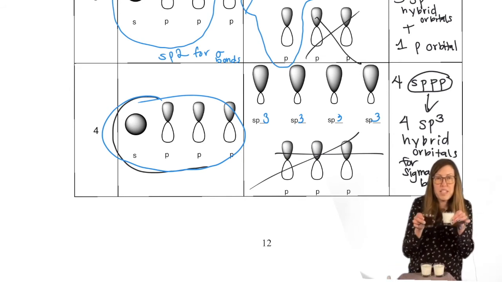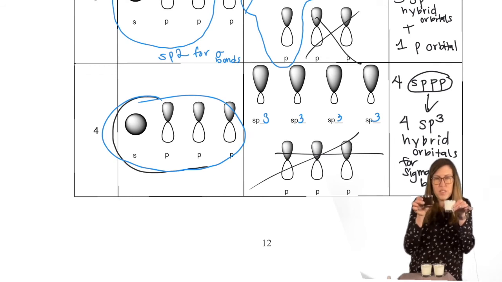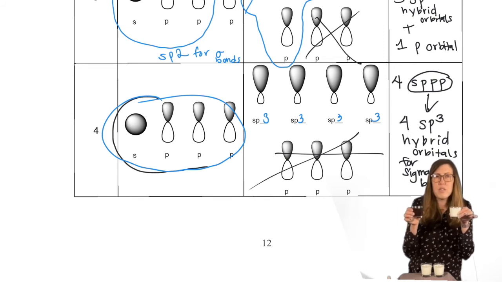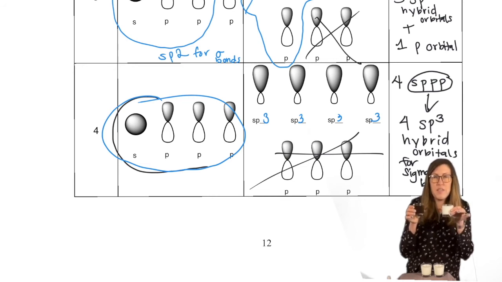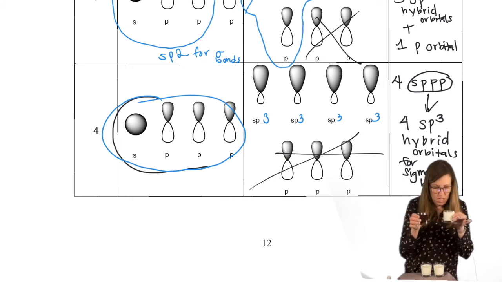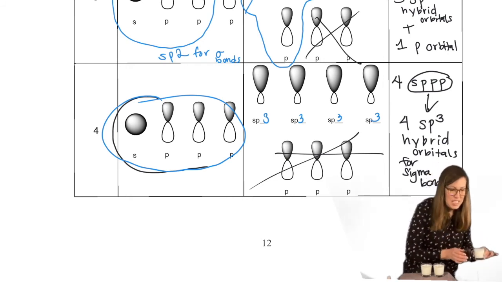We can dump this in a blender and mix it up. Now notice the volume. This is full, this is full. So I don't have any other glasses available. That's why I said I don't get a giant orbital. These orbitals are the same size. So because these are full and they're the same size, when I mix it, I redistribute it again and I have a mixed result. So I go and I mix these.